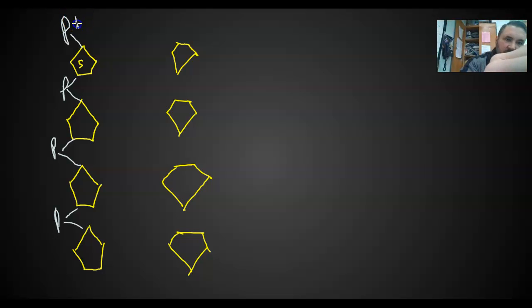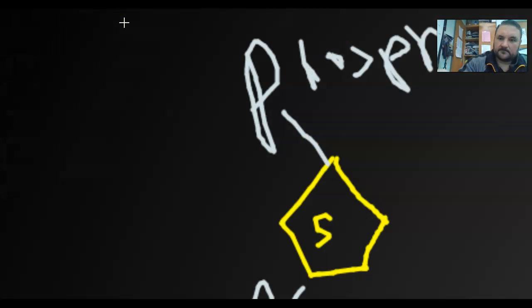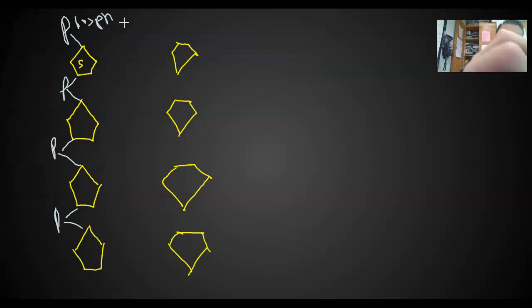P is for phosphate. These sugars are my deoxyribose.